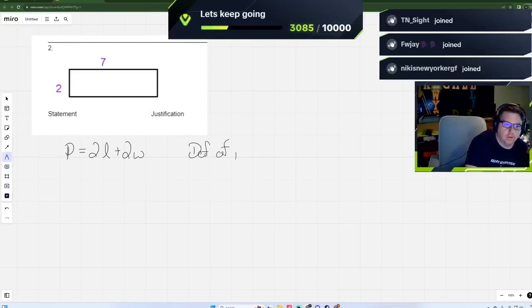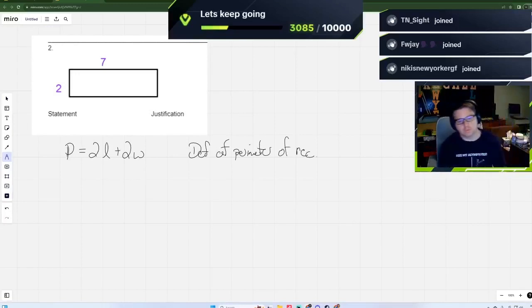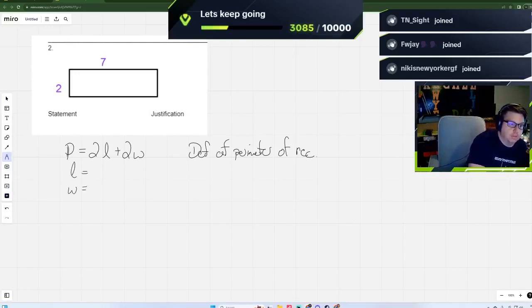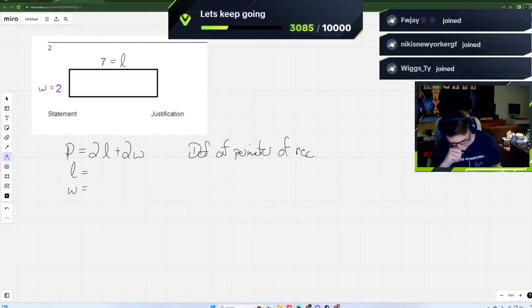Definition of perimeter of a rectangle. So we'll just do definition perimeter of a rectangle is, I think, good enough. So then we need to know what the length is and what the width is. So when we look at these figures, technically there's not a wrong way to think about this, but usually if you can visually see a longer side, that's usually what they define as the length.